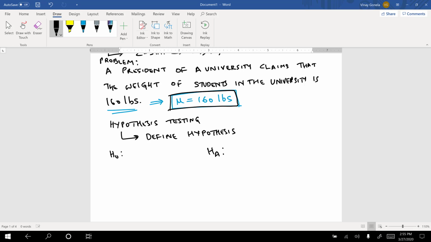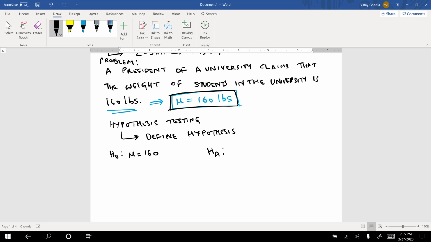So the president is claiming that the weight of the students in the university is 160 pounds, and that would be your null hypothesis.